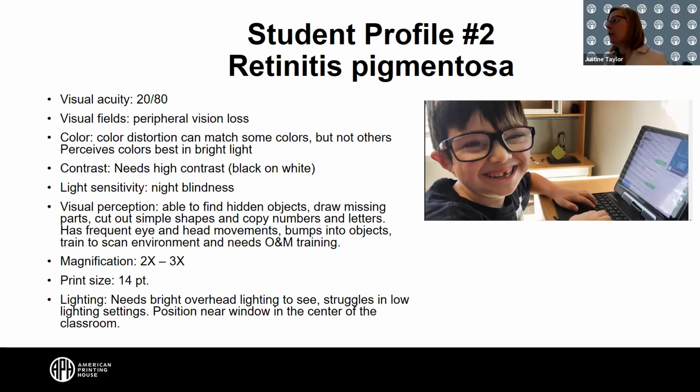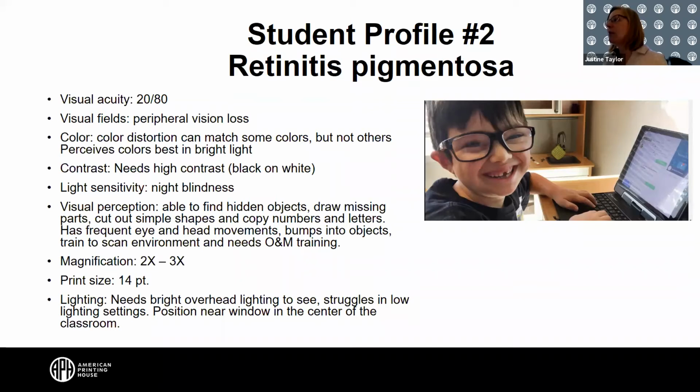So in our findings, after doing an FVLMA, we could find that the student had 20/80 visual acuity, visual fields, again, that peripheral vision loss. Their color vision was distorted.